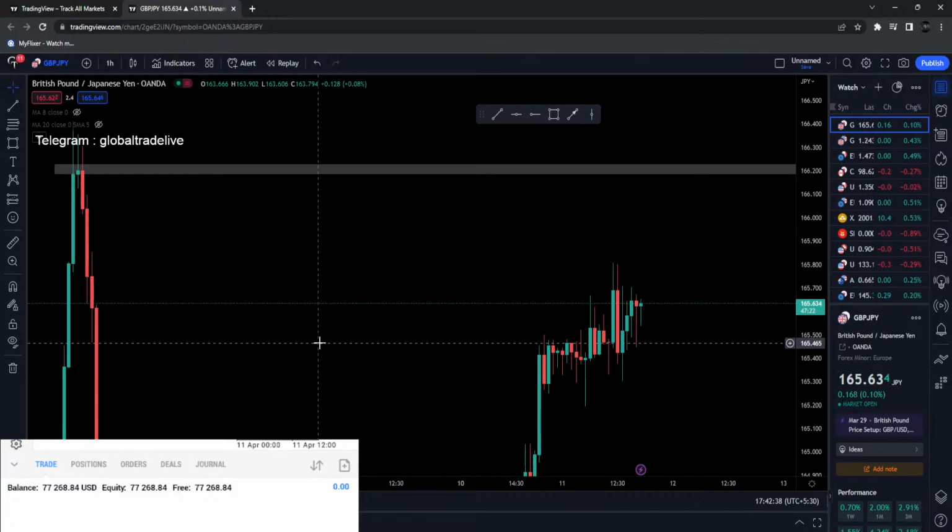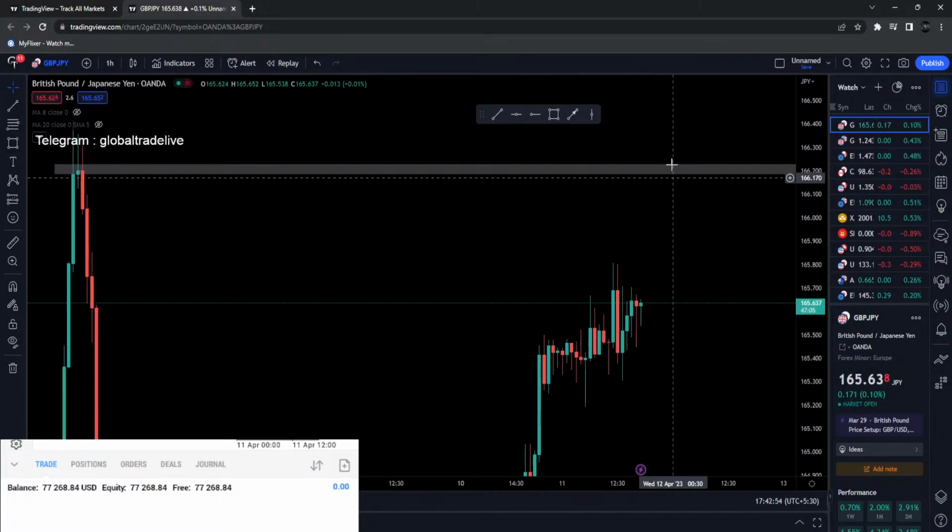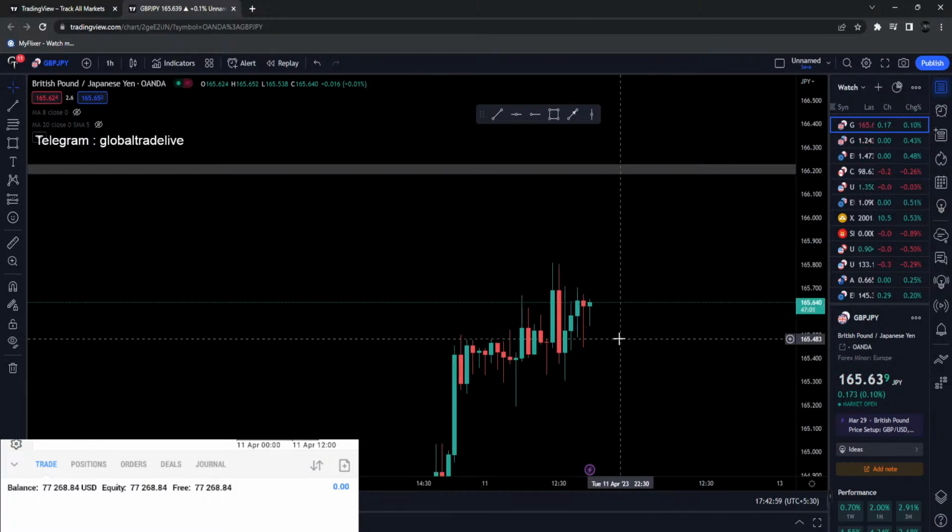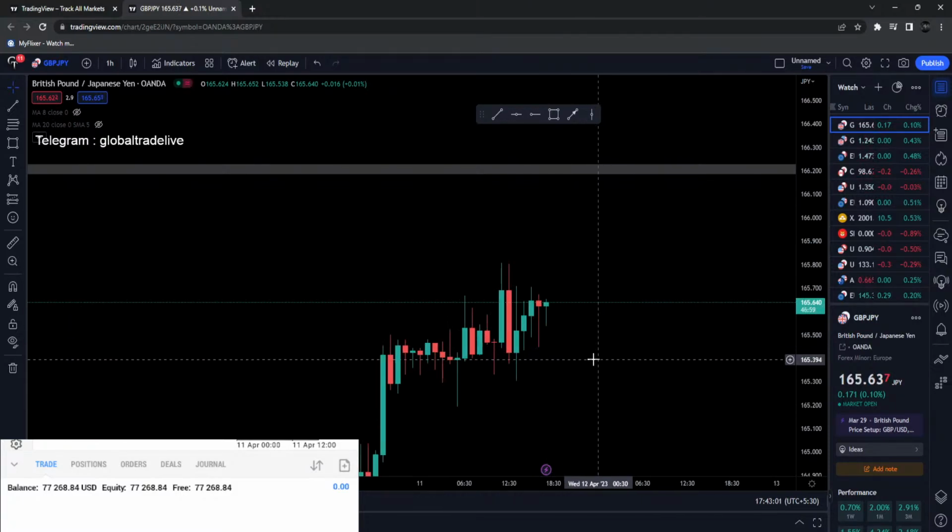And if we talk about the 4-hour, it will be going up to fill the wick and tap the resistance on the top. That clearly means the 1-hour time frame will also be going up. If I talk about the 1-hour resistance, this is the area it can be heading towards.